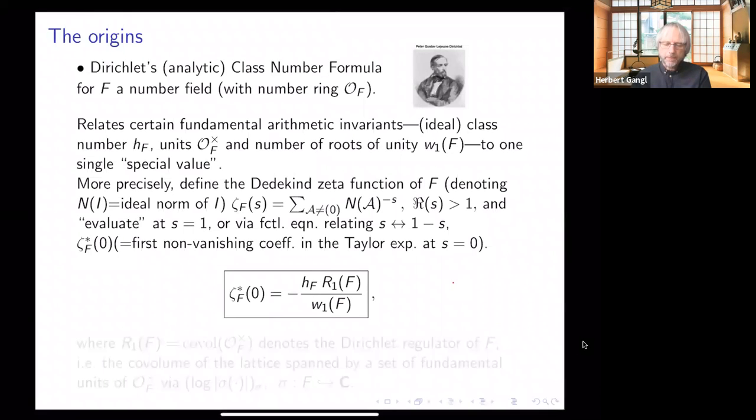So here it says R_1 of F can be written as the co-volume attached to the units.